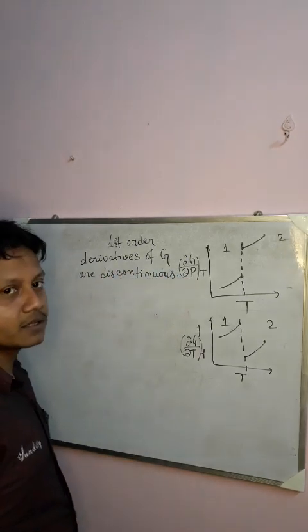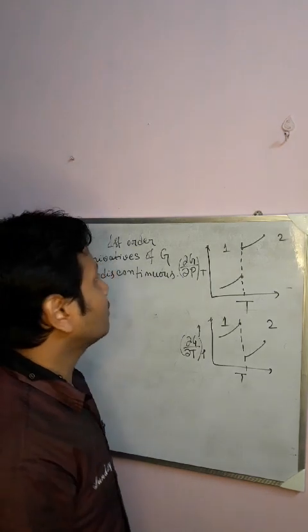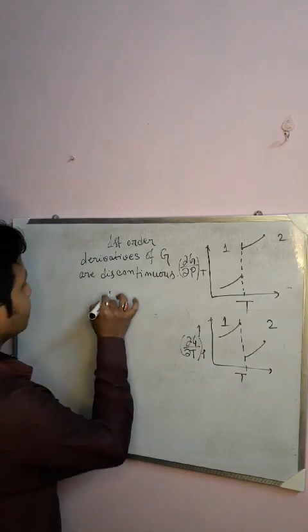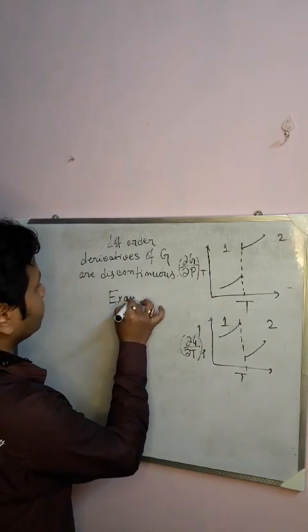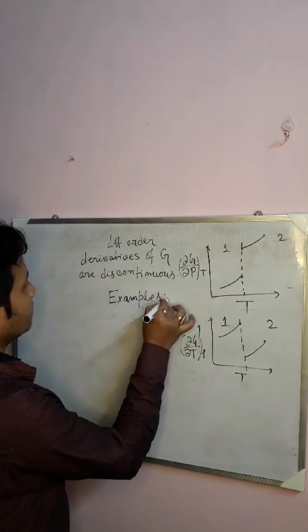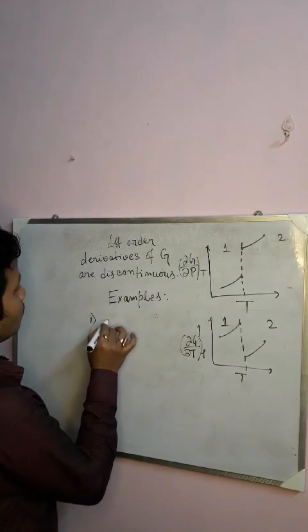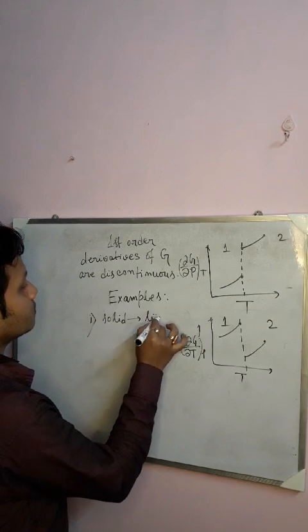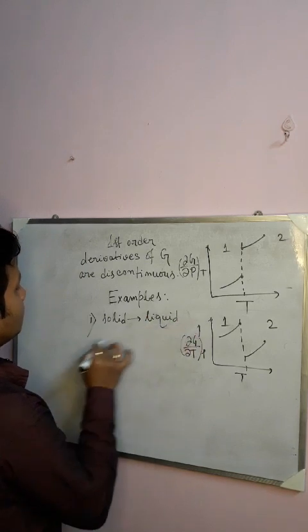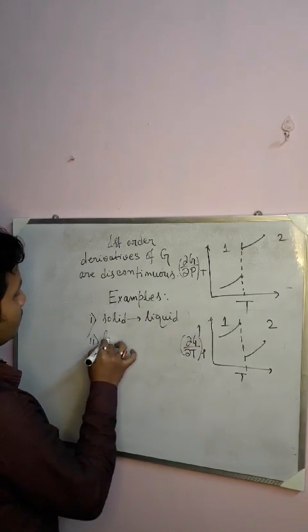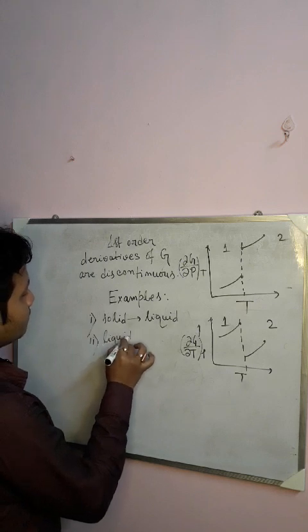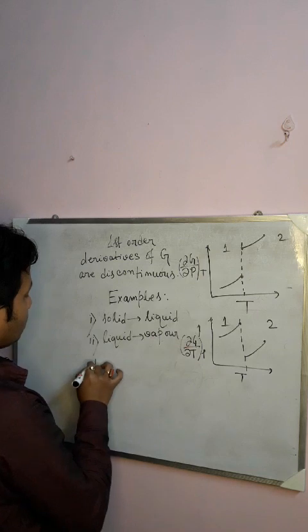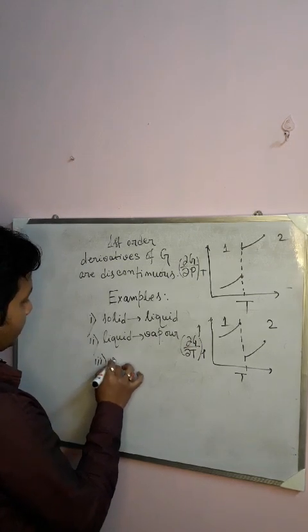Okay, now what are the familiar examples of first order phase transition? Now we all know the familiar examples. That is, you can say conversion of solid to liquid, or you can take conversion of liquid to vapor, or you can take vapor to solid.